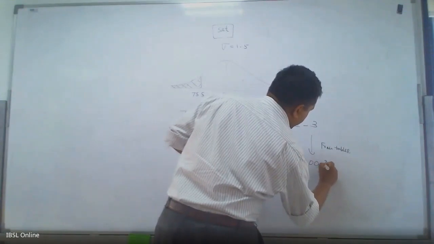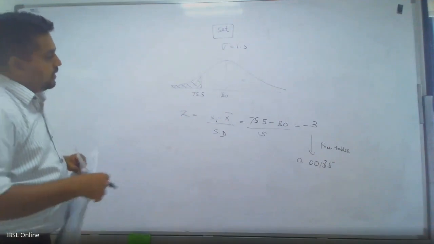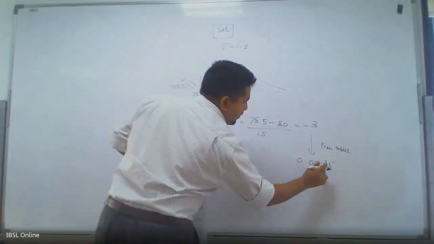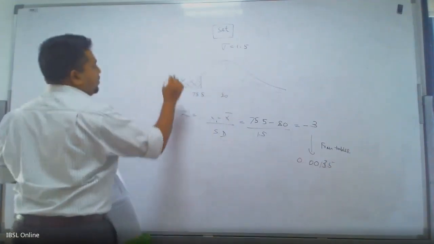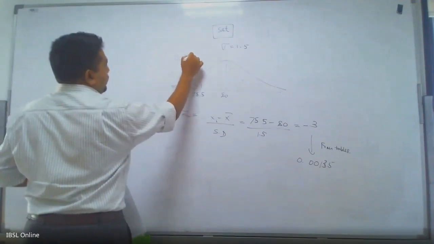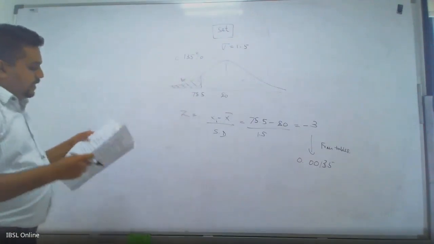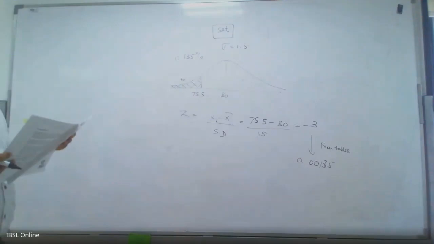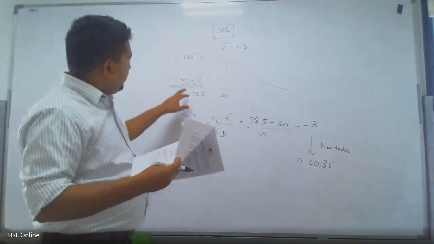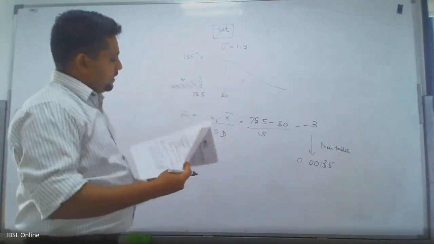That means this particular area, this is the absolute form. If I take it in percentage terms, this is 0.135% of data that should lie in this particular area. That's the answer being expected. What is the probability that a set yogurt cup has a weight less than 75.5? This is the answer.